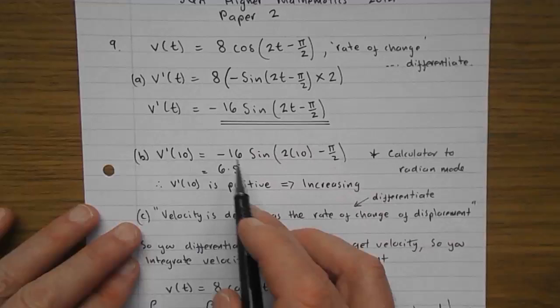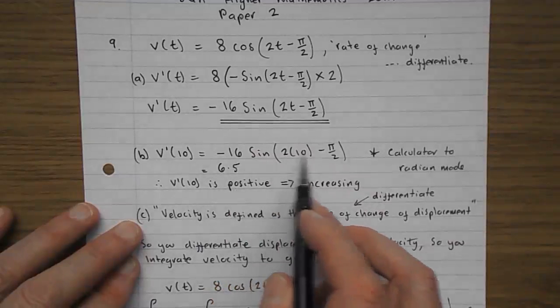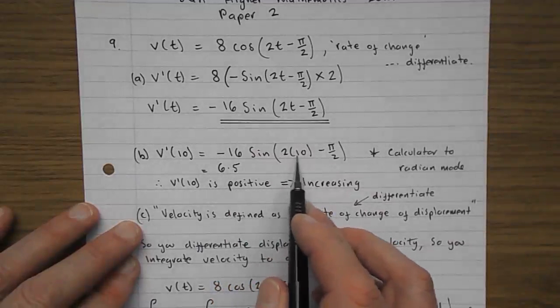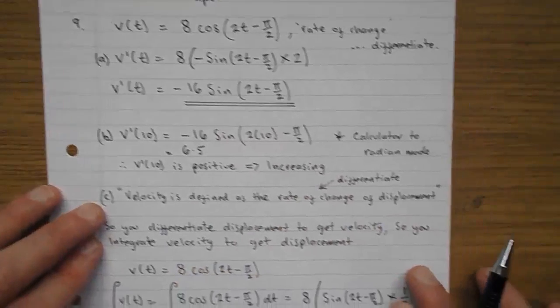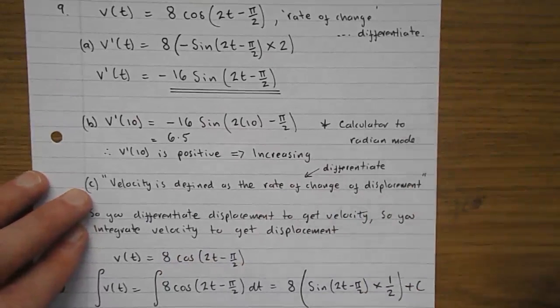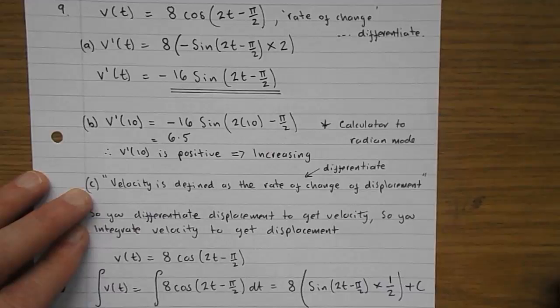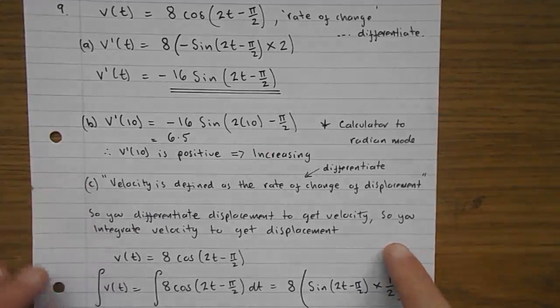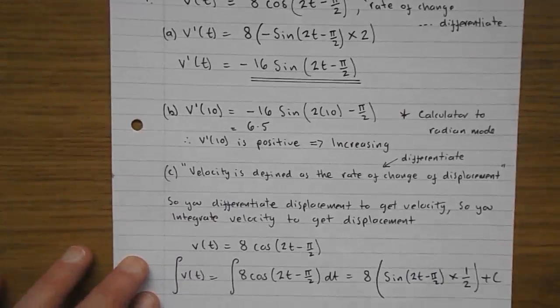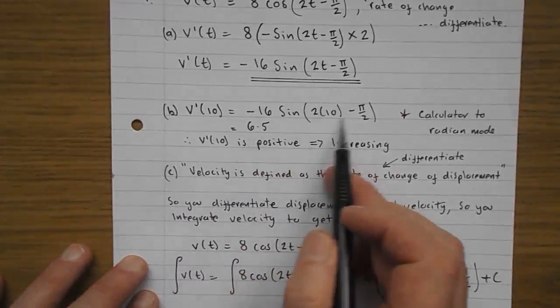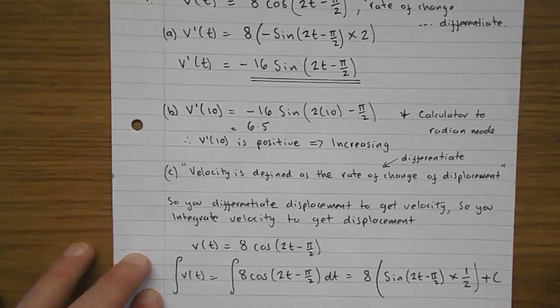So we have minus 16 sine(2 times 10, 2 times 10 is 20, take π/2). This is important here that you change your calculator to radian mode, so that's a good thing to practice how to do before you do your exam. Okay. So here we go. When you put that through your calculator, you get 6.5.